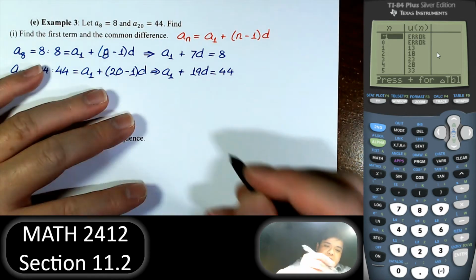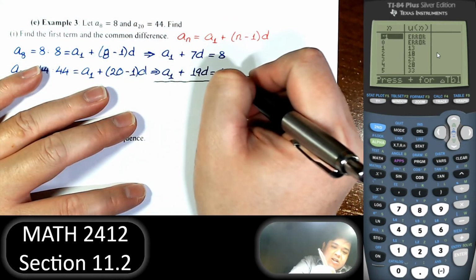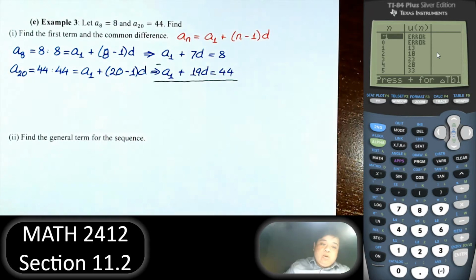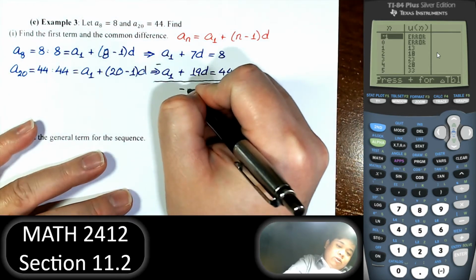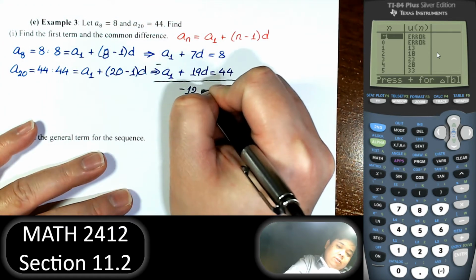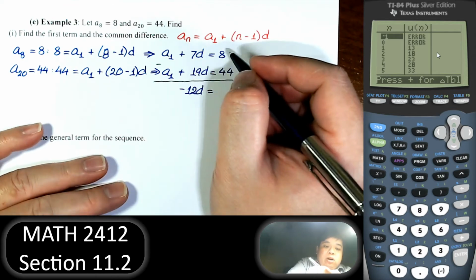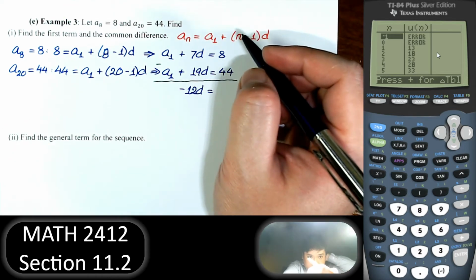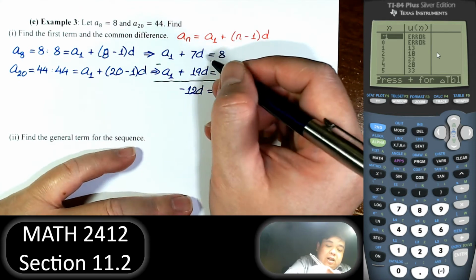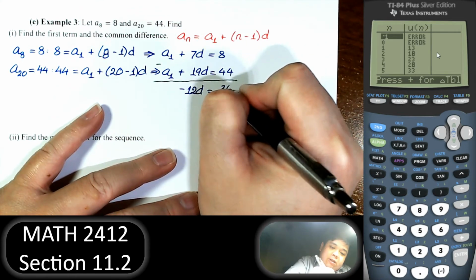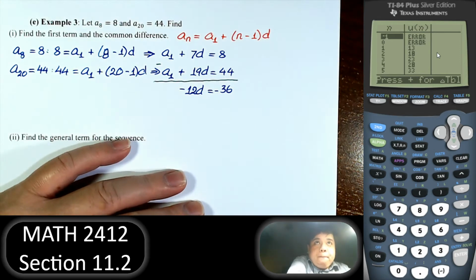What we can say is, why don't we just subtract side by side? a1 minus a1 cancel out. 7 minus 19, that's minus 12. And 8 minus 44 is negative 36.